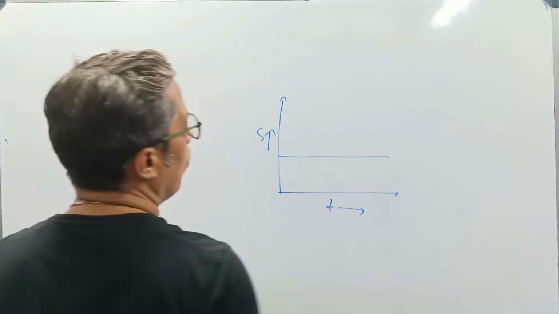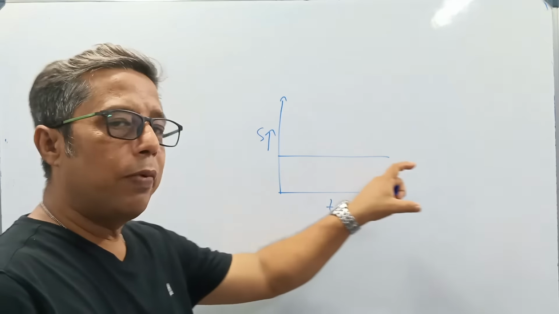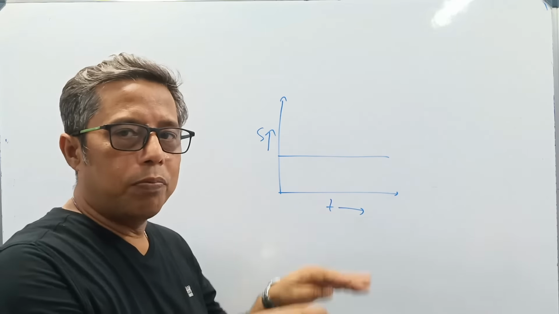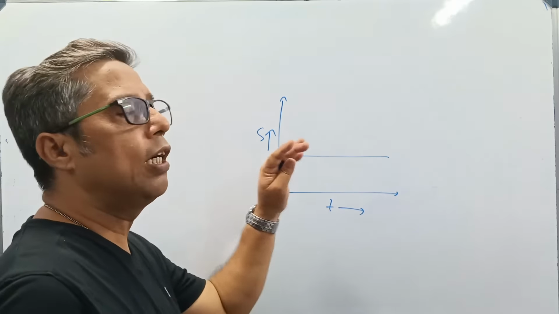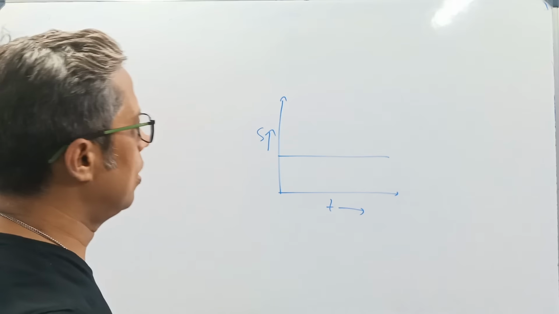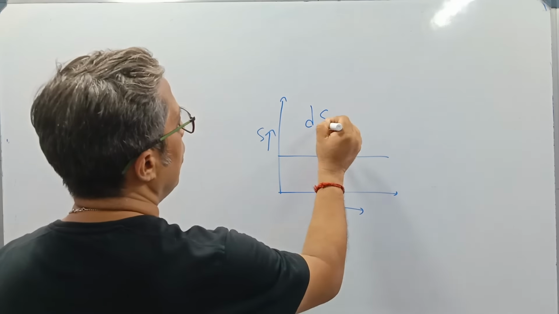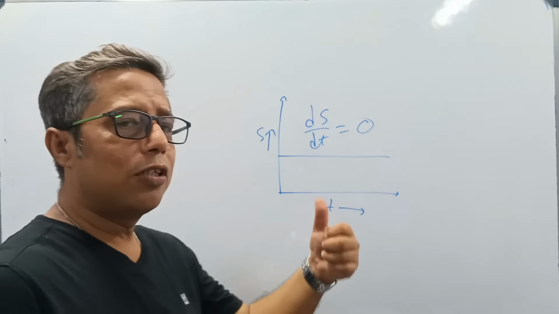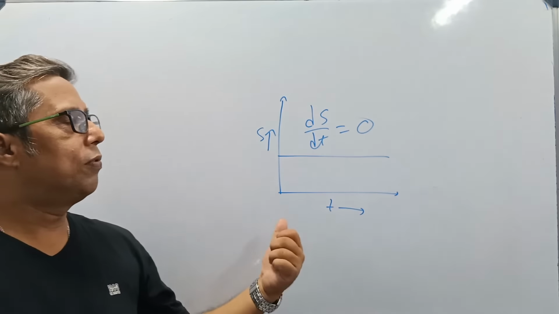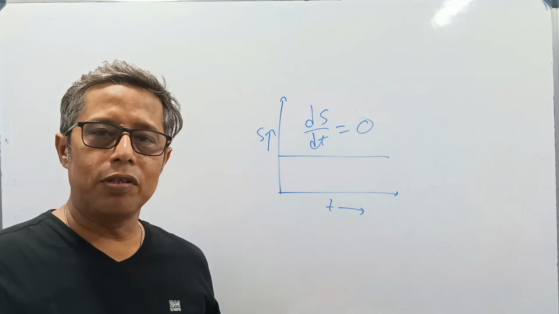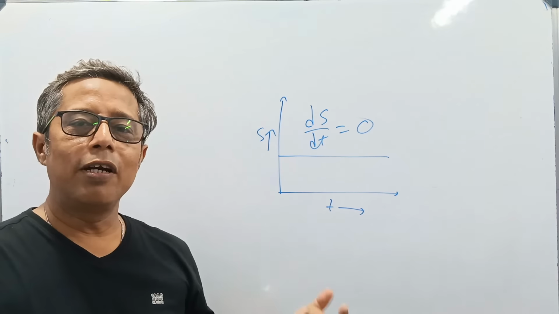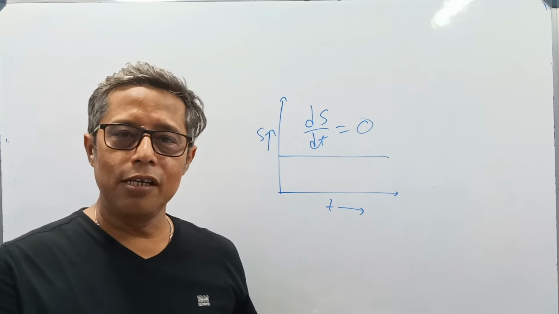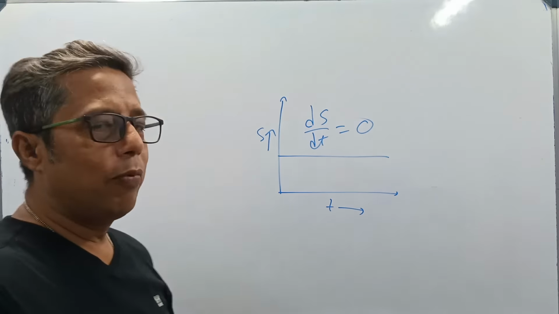Here the displacement is not changing. The displacement has stopped, so the object is at rest. When the object is at rest, ds/dt will be 0. So s is constant, the change of s with time is 0, ds/dt is 0, which means velocity is 0. For an object at rest, velocity is 0.